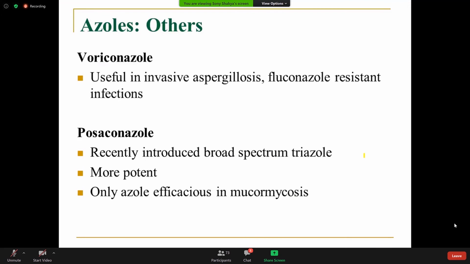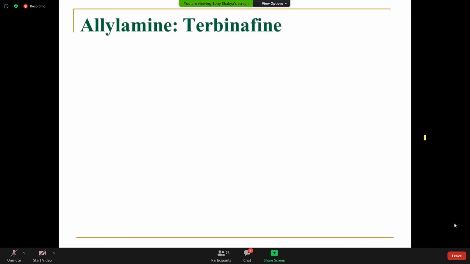It is more potent and the only azole efficacious in mucormycosis. A few of these things you have to remember. They may not ask these in theory, perhaps the common ones, but in MCQs it is interesting to go through such characteristic properties, as I'm repeating them again and again. So pick things yourself and find ways to memorize. You have to memorize.